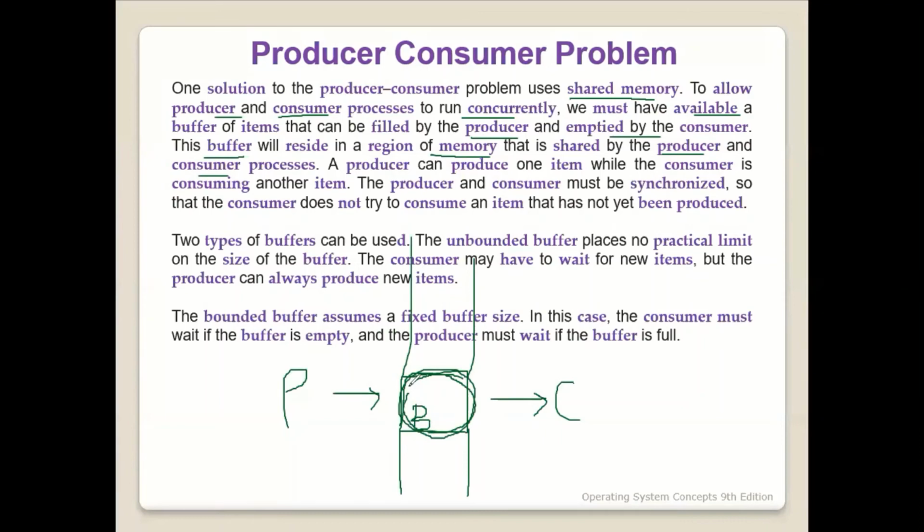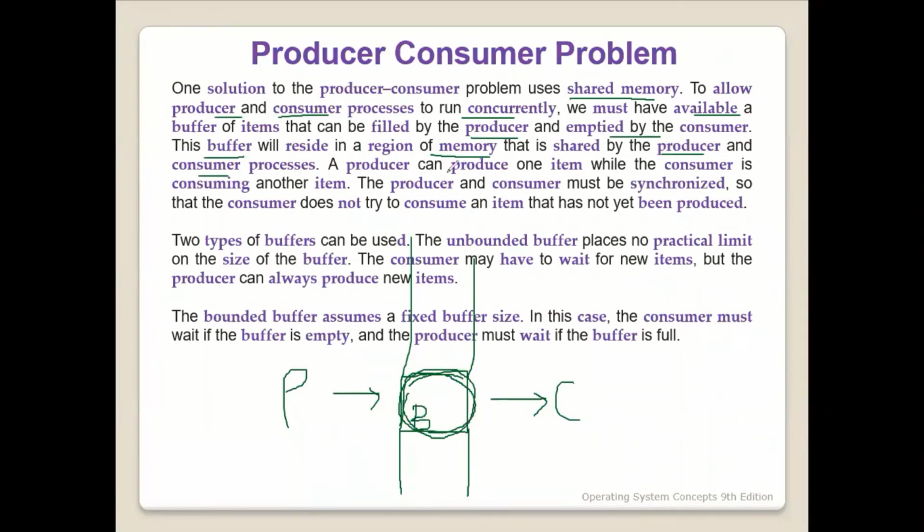We call it the buffer, where the producer fills the buffer with the data and the consumer takes the data from the buffer. Fine. This is about the producer consumer. How do they communicate? So they have a shared memory.